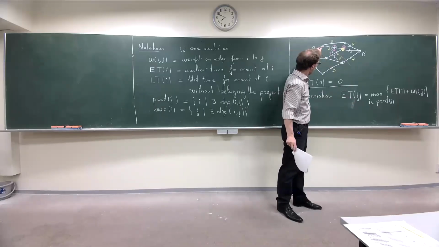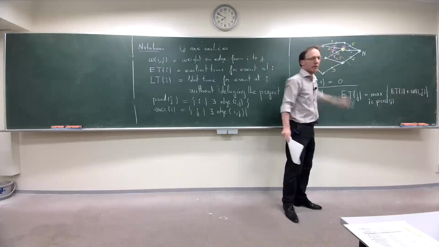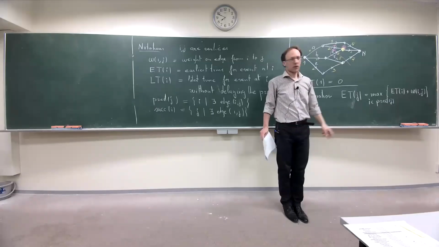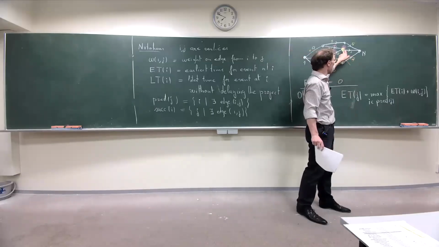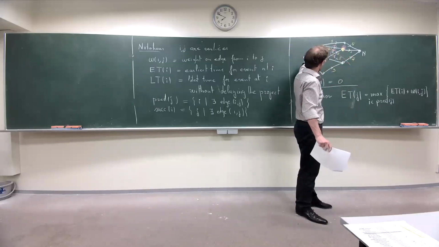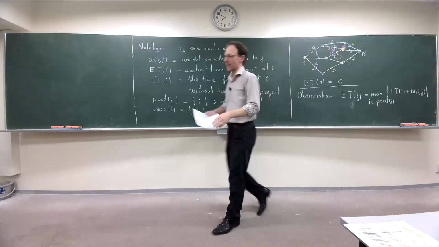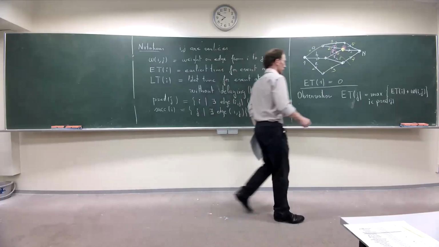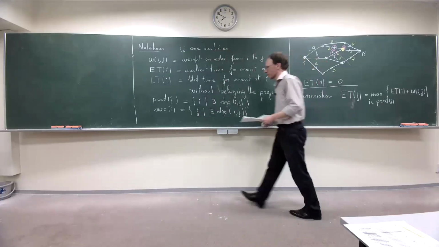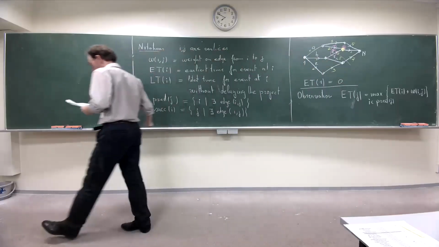So you have to reach first these two and then take a certain time for these two activities. So the earliest you can start this event is the maximum here plus this length. So it's indeed the maximum.